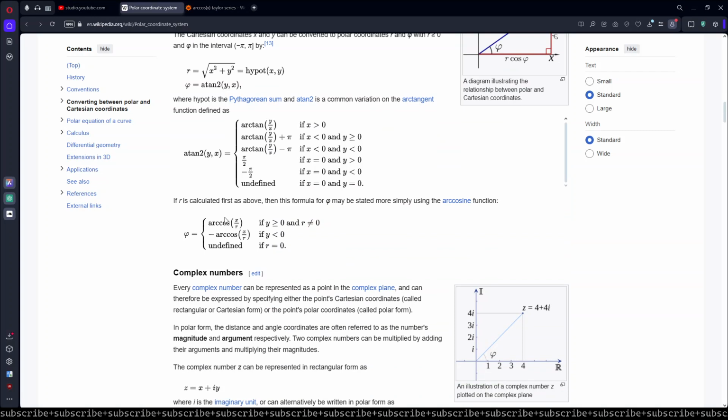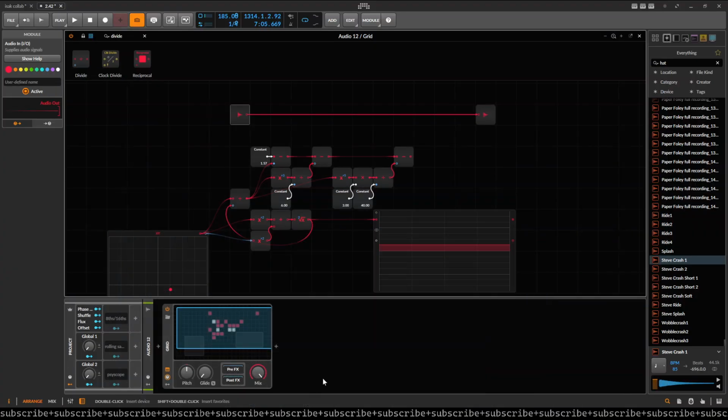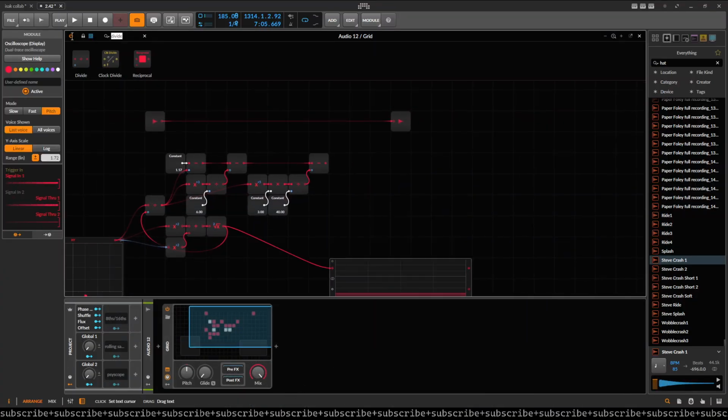But you can see if y is bigger than 0, this is going to be positive, and then if y is smaller than 0, we need to multiply this by -1. So what we need to do is get a choose bigger than.